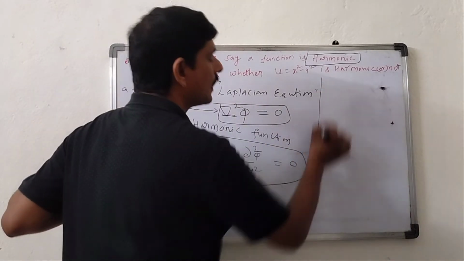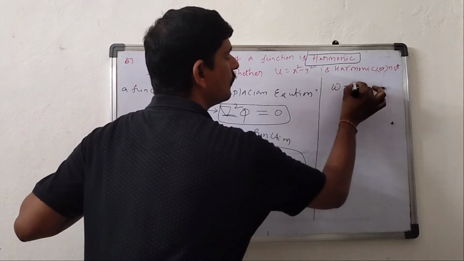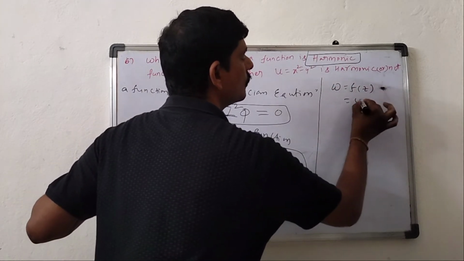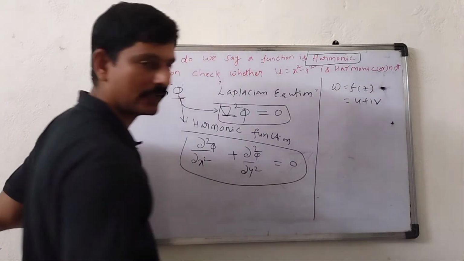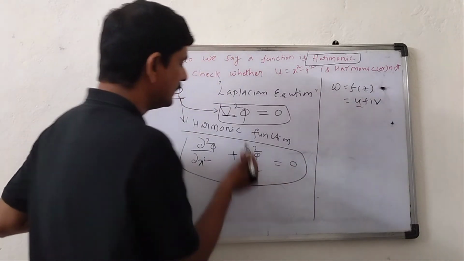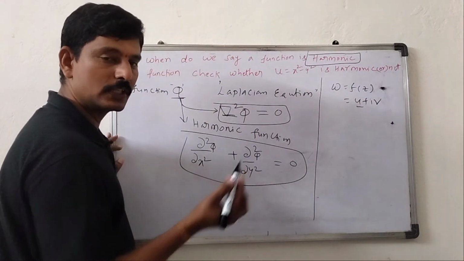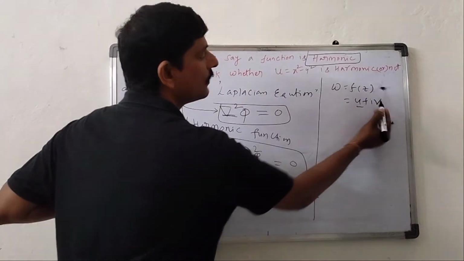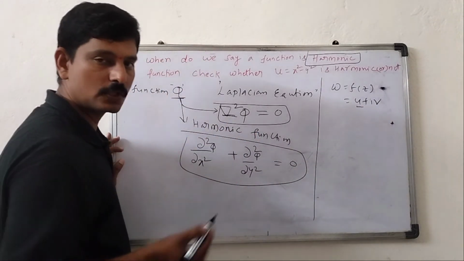Coming to the complex variable function, our function is like this: w is equal to f(z), that is equal to u plus iv. If u satisfies this Laplacian equation, then u is said to be harmonic function. If v satisfies this Laplacian equation, then v is said to be harmonic function.